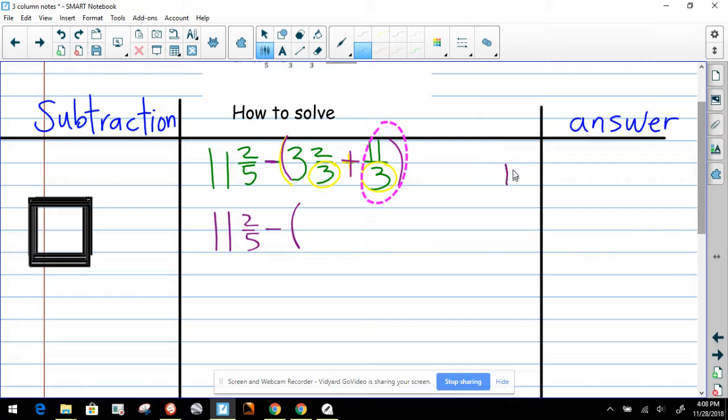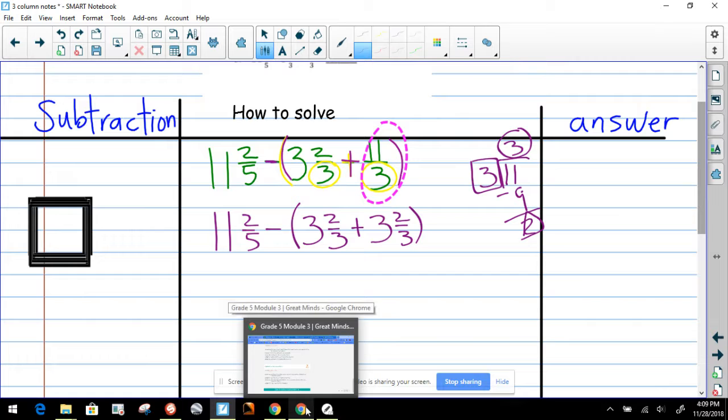So 11 thirds means 11 divided by 3. The 3 goes into the 11 3 times. 3 times 3 equals 9, and the remainder is 2. So we have 3 and 2 thirds. So now this is going to be 3 and 2 thirds plus 3 and 2 thirds. Well, that makes it easy.